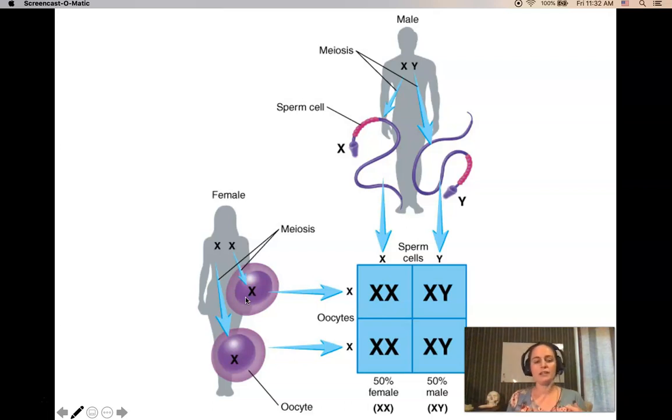Or another way to think of it is there was just a 50-50 chance that she developed this oocyte, or a 50-50 chance that she developed that oocyte. And those are homologous chromosomes. Those are not the same exact set of instructions, but they are the sets of instructions that code for the same concepts. So like eye color, right? Maybe this oocyte contains instructions for brown eyes, maybe this oocyte contains instructions for blue eyes. 50-50 toss of the coin.